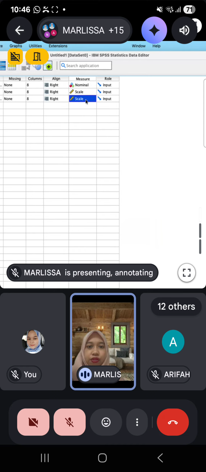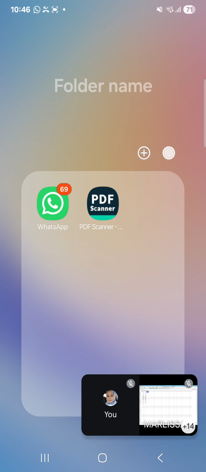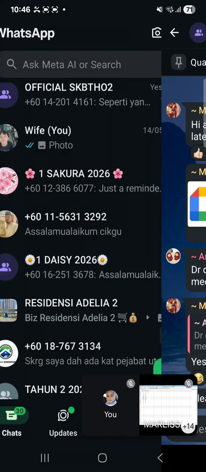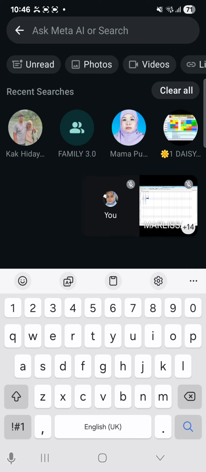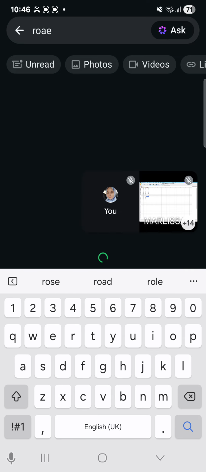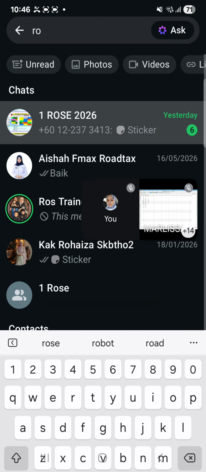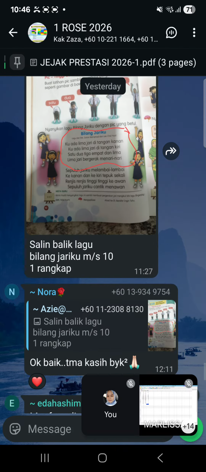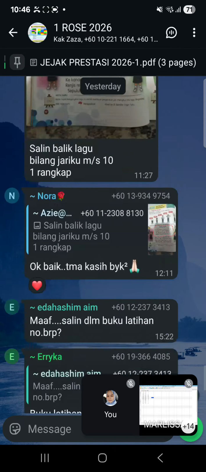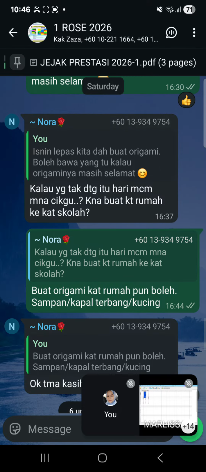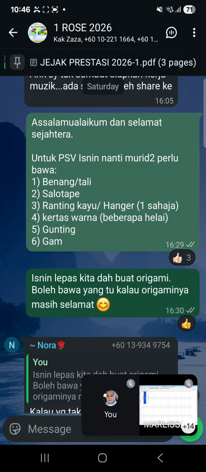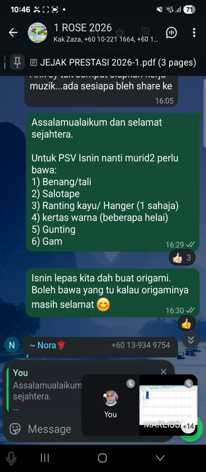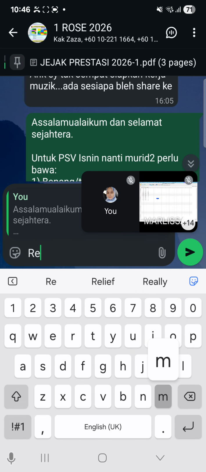So we can look at the data view here, and let's say I just key in some values: 2, 2, 2, 1, 2. Let's say this is the data. So we have the first IV here, and we have the second IV here.